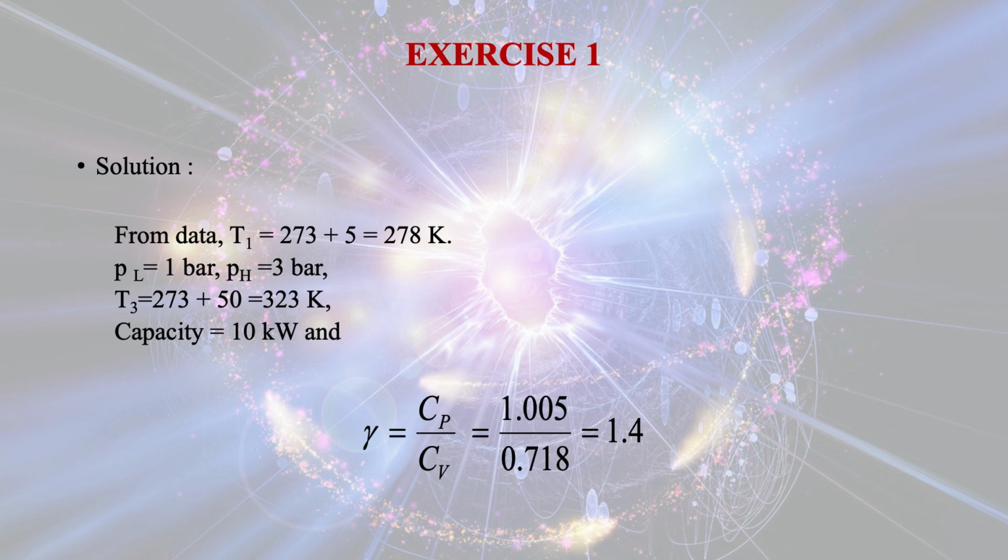Now the capacity for this refrigeration system is given as 10 kilowatt, and gamma, as I already mentioned, is the ratio of Cp and Cv. Cp is specific heat at constant pressure and Cv is specific heat at constant volume. For this case, we get gamma equal to 1.4.